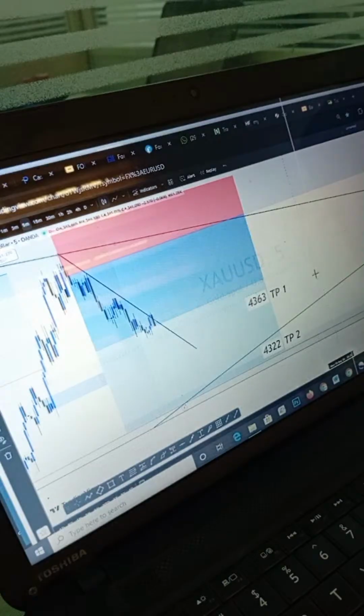You can see structure beautifully presenting itself here. Very beautifully presenting itself.